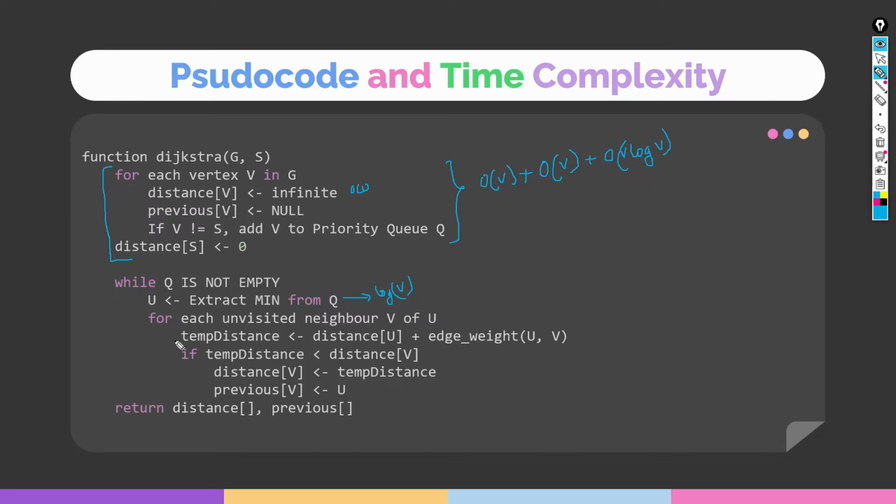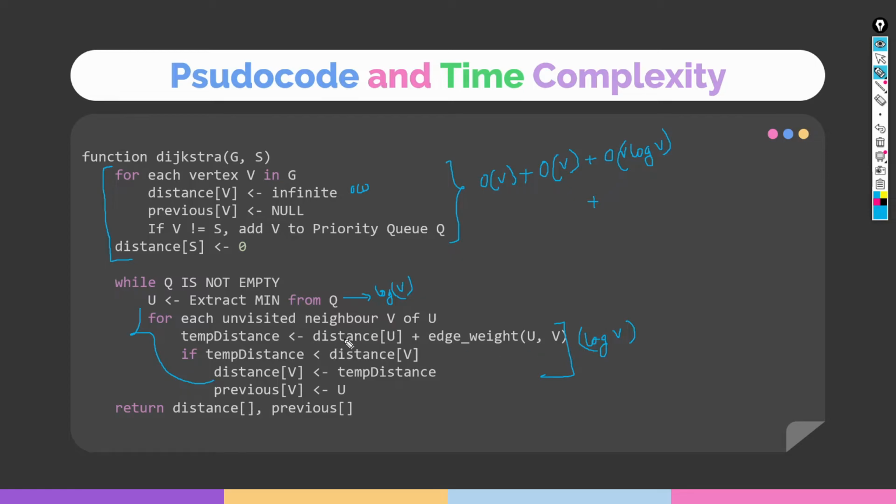Now this relaxation process here will not run for actually every edge, but most of the edges will be covered here, so we can say that it will take log of V time to relax.